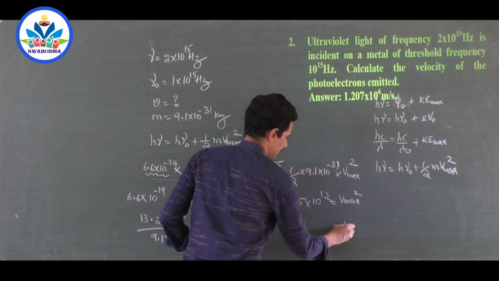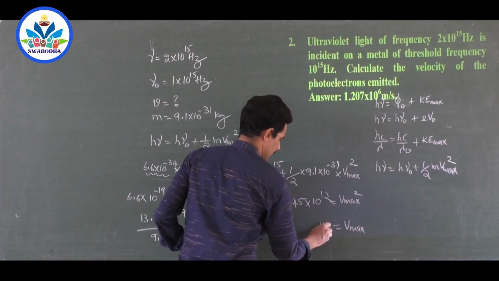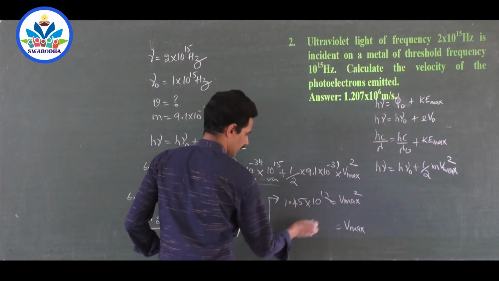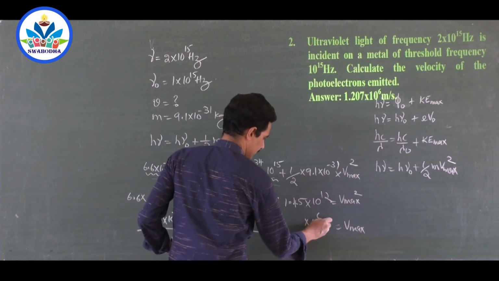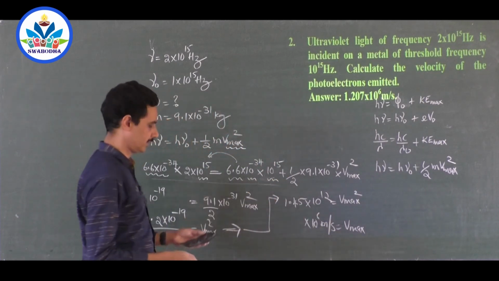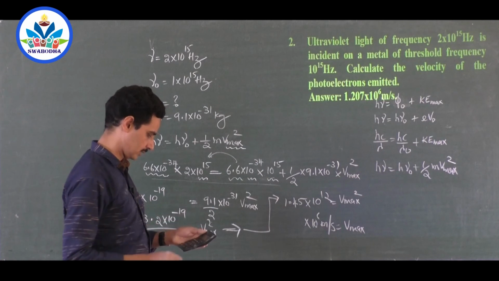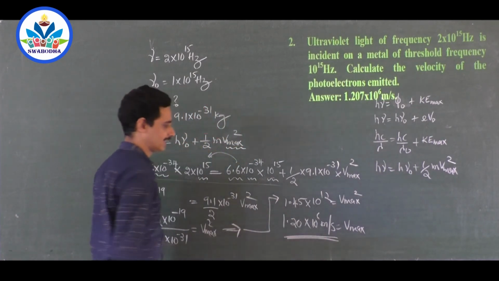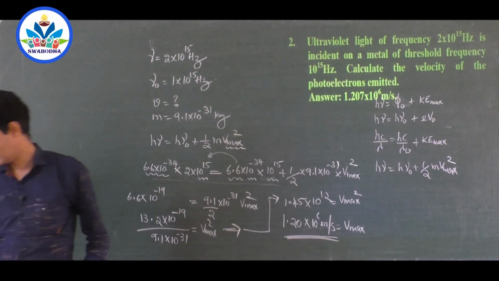What is V maximum? Square root of this, 10 to the power 6 meters per second, and square root of 1.45 is 1.20. So 1.20 into 10 to the power 6 meters per second is the answer.